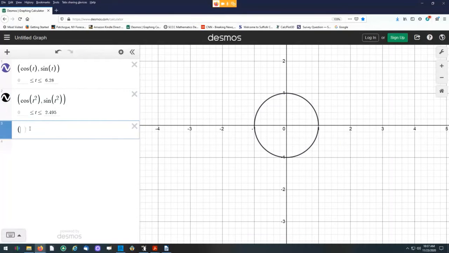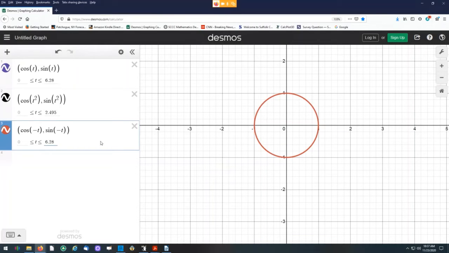I could also do this. Cosine of the negative of t, comma, sine of the negative of t. Now, in this way, I'm going clockwise versus counterclockwise, if t is positive. Now, this will also go all the way around in 6.28 or 2 pi units.